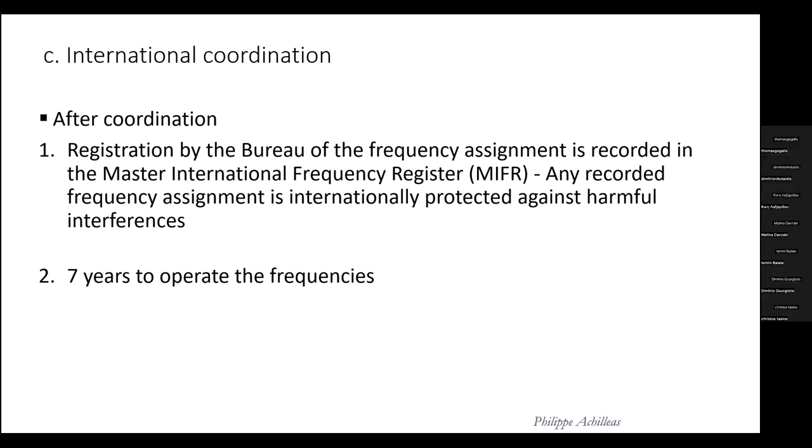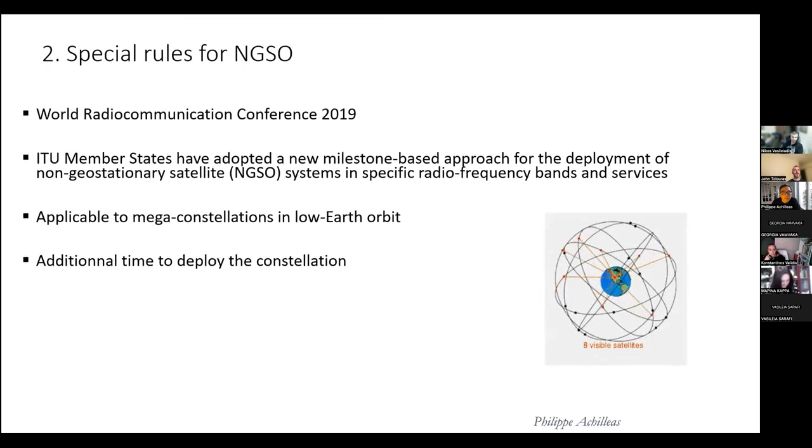You have 7 years not only to terminate the negotiations, but also to launch and operate the satellite. If you don't use the frequencies after 7 years following the beginning of the coordination procedure, the ITU will terminate the procedure, and you will not be able to register the frequencies. So it's quite complicated.